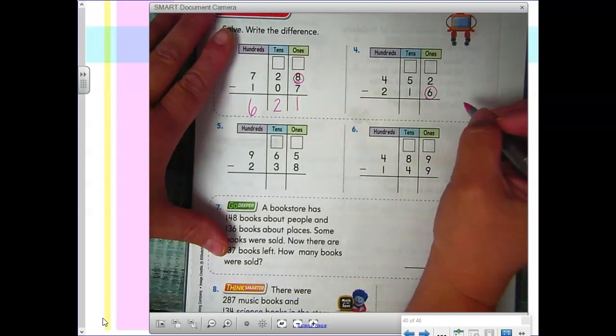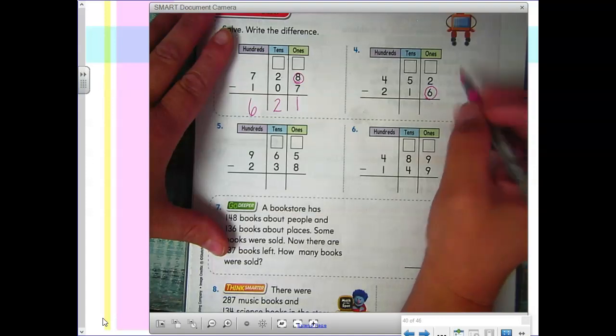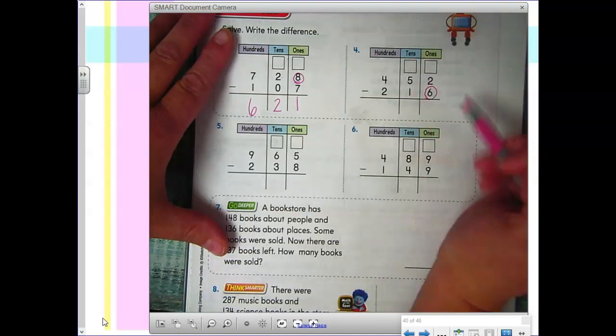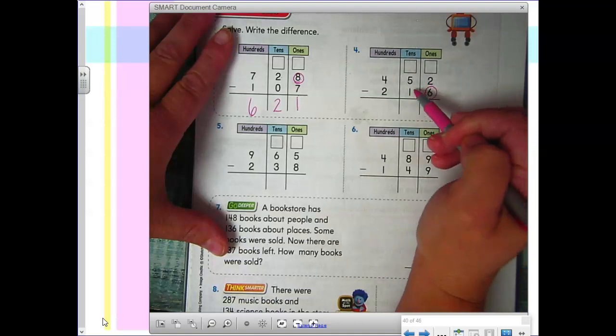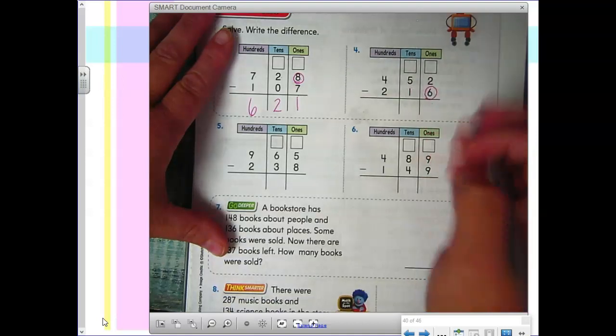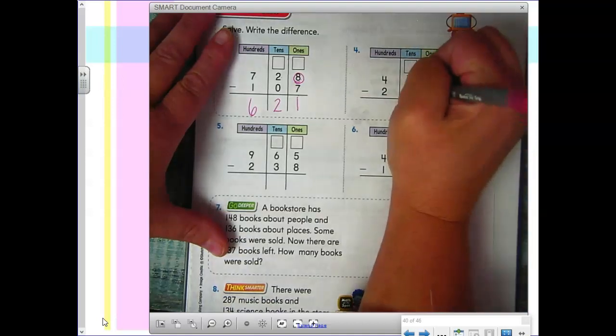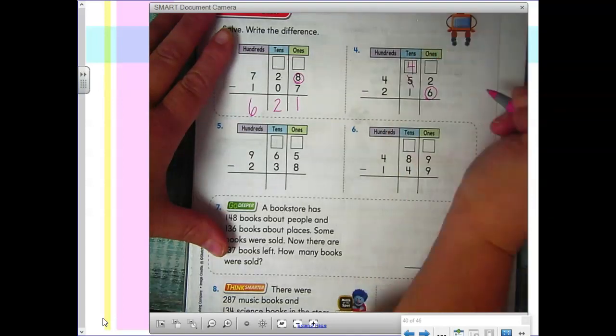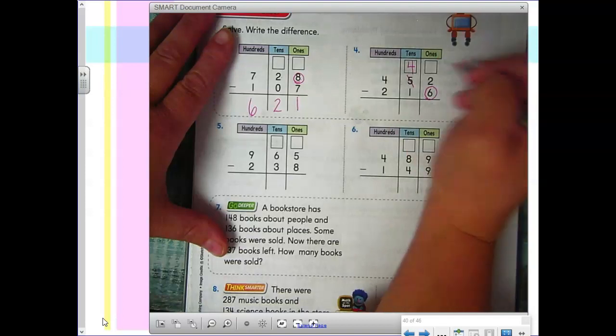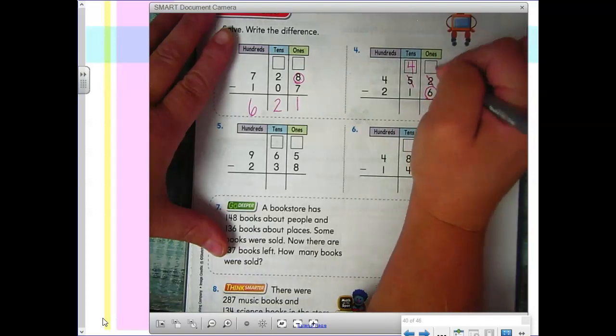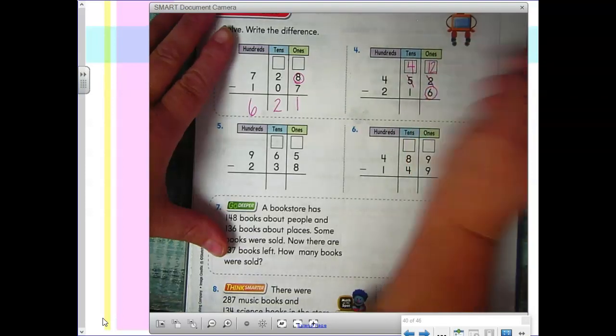Next door is what place? Tens. So go to your tens. I have 5. I need to take 1. That will make 4. And then I need to break it apart into 10 ones. So 2 plus 10 is 12.